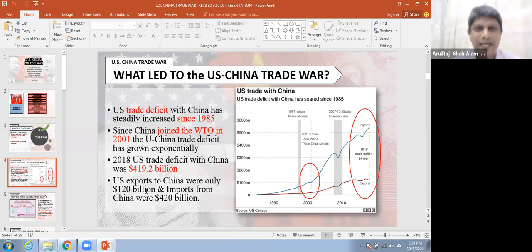China also has about 1 trillion of US debts. So that could be the triggering point of the US-China trade war. Let me go to the next slide.